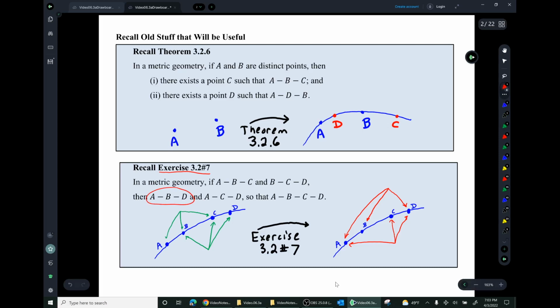B will be between A and D, and C will be between A and D. That's illustrated, highlighted in this drawing. So in other words, if these two betweenness relationships are true, then all four are true, and that's denoted by this symbol, A-B-C-D.